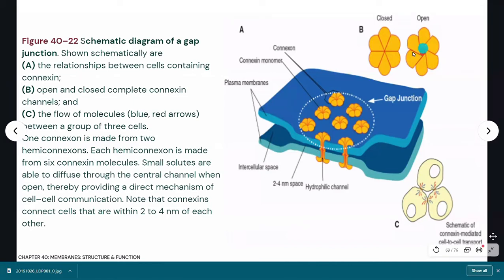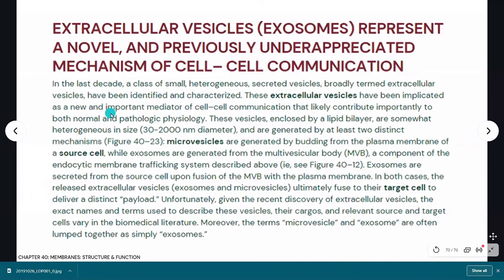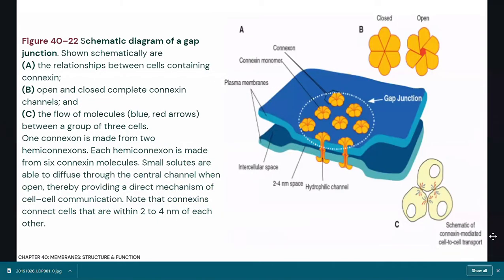And then this closes. Okay? So we have here open and closed, complete connection channels, the flow of molecules, blue and red arrows. So there's a red arrow there. No?